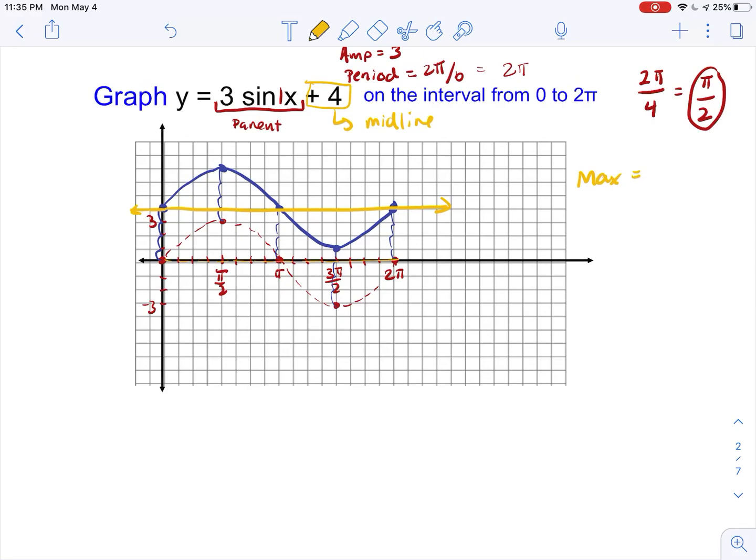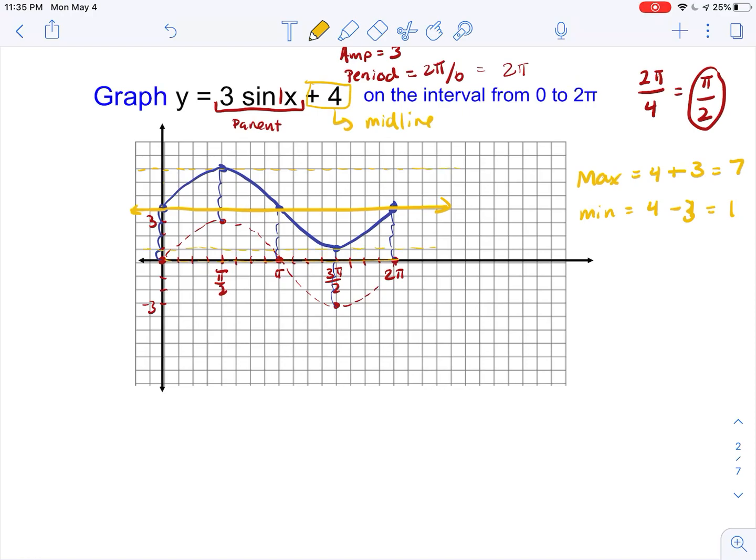Now, what else happens? Well, we know that to find my maximum value, I can take my midline and add my amplitude. And to find my minimum, I could take my midline and subtract my amplitude, giving me 7 and 1.